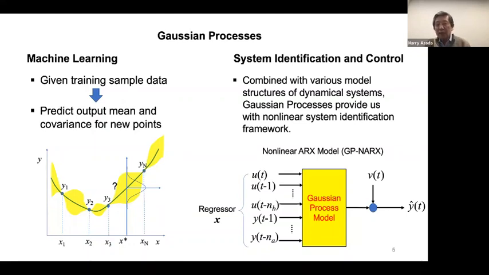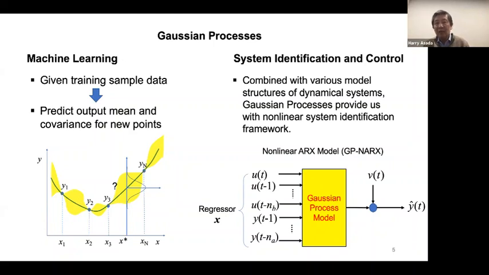The Gaussian process model itself is a non-parametric, non-linear, and stochastic model, right? Combine this with some known knowledge about the input-output dynamical systems: what are inputs, what are outputs, and the type of input sequence that's relevant to determine the output.